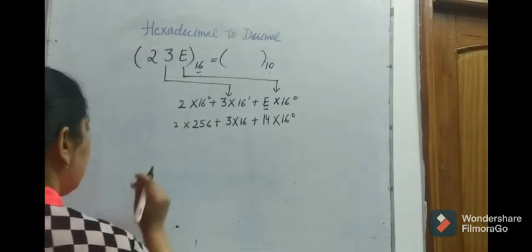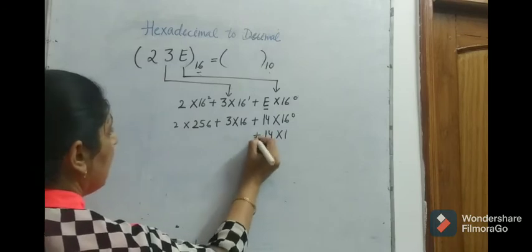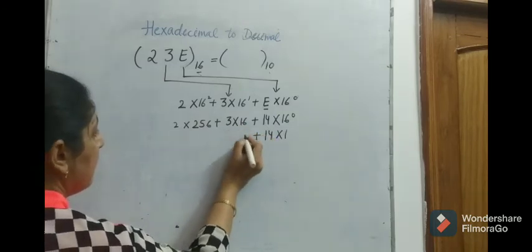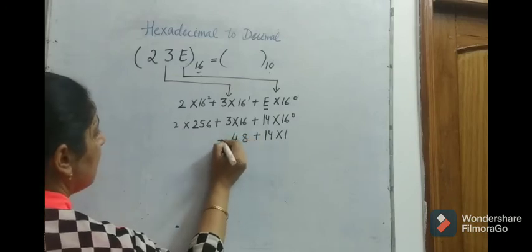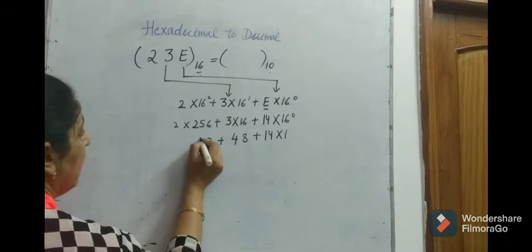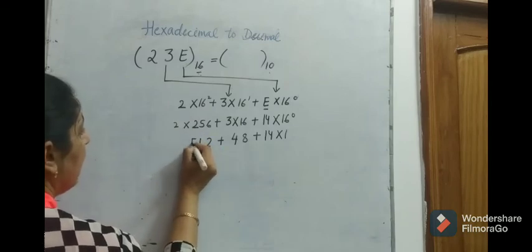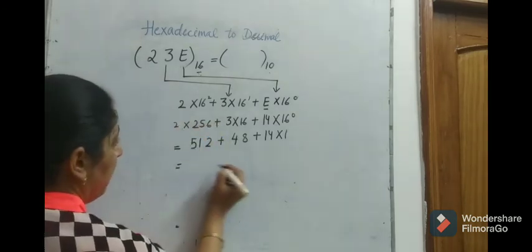Now 14 multiplied with 1. 16 multiplied with 3, 6 threes are 18 and 1, so it's 48. 2 sixes are 12, 2 fives are 10 and 1, 11, 1 more and 5. So 512 is the multiplication for 2 into 256. Let's add all of them.